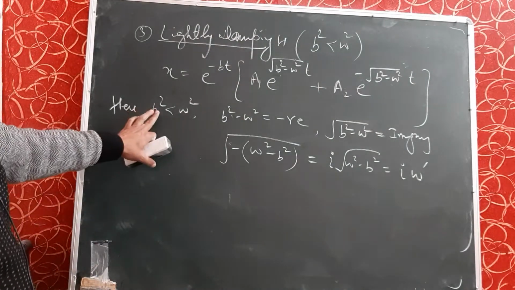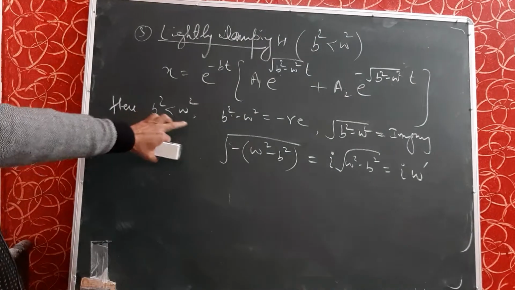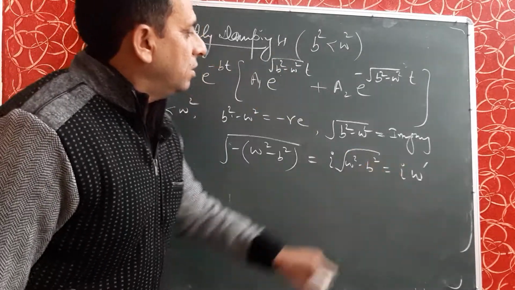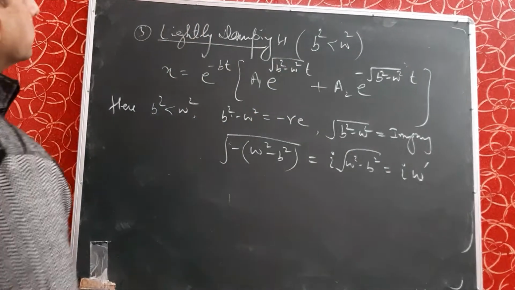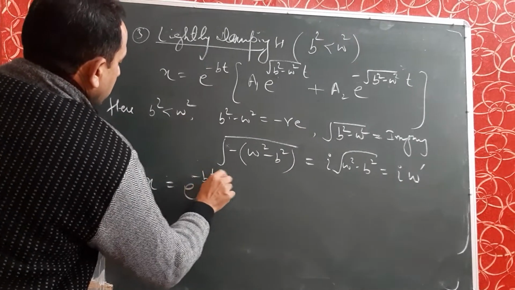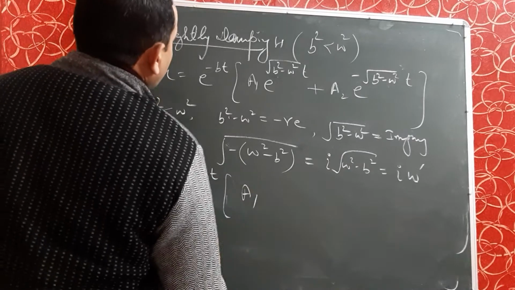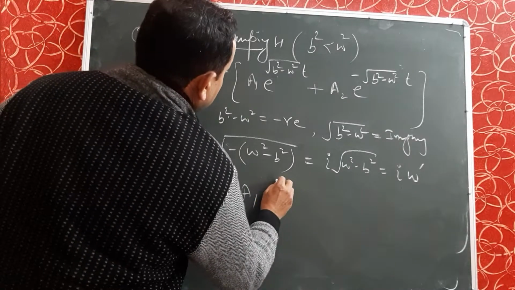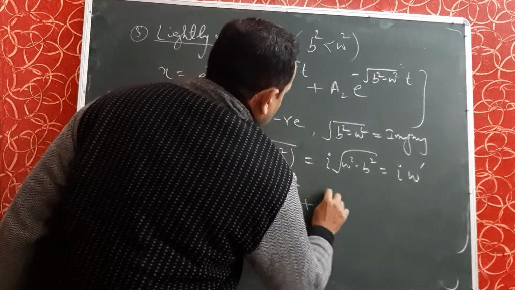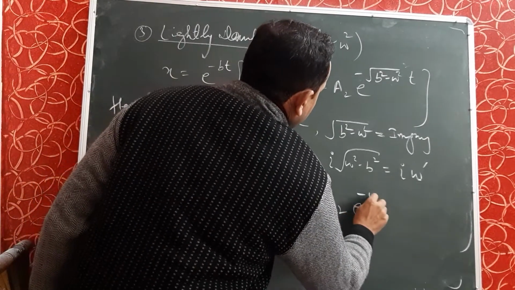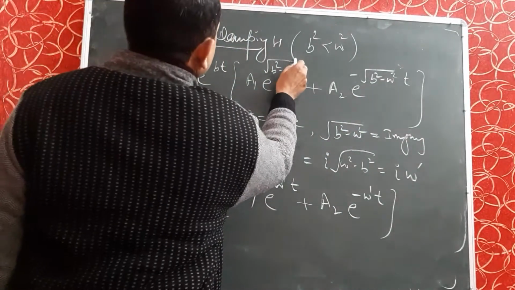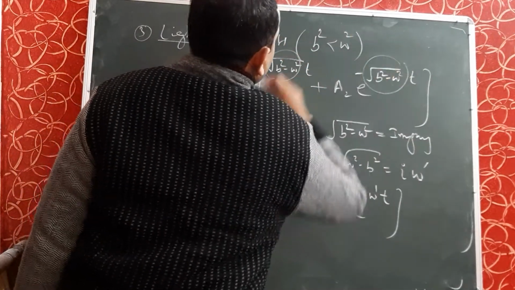So, we will change this square root of b square minus omega square as iota omega dash. This x will become e power minus bt into a1 e power iota omega dash t, and a2 e power minus iota omega dash t.